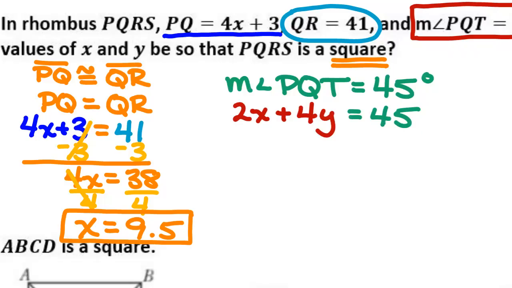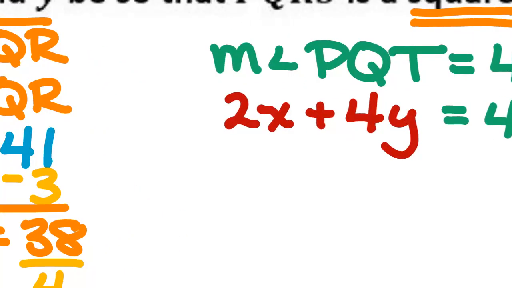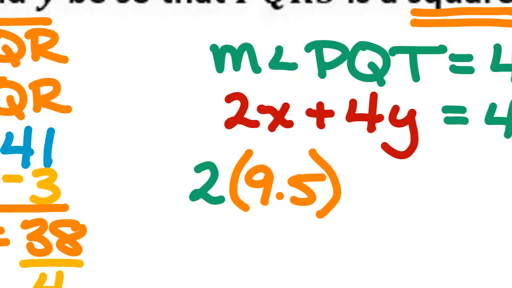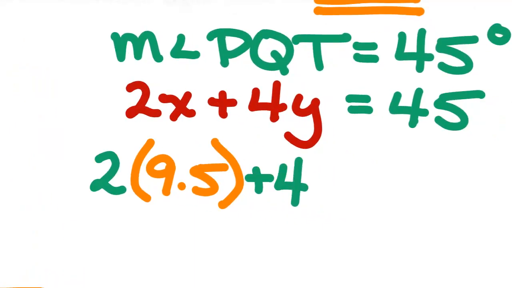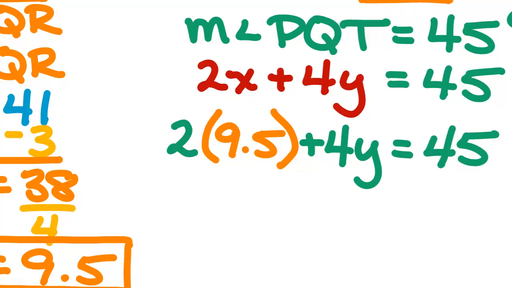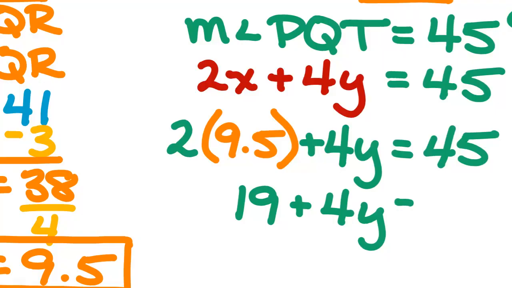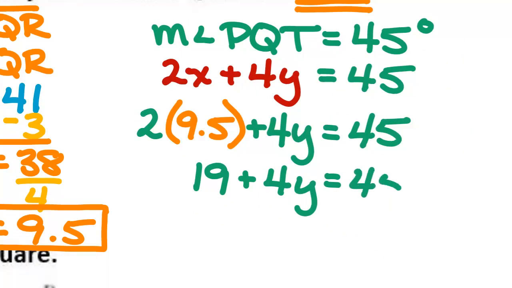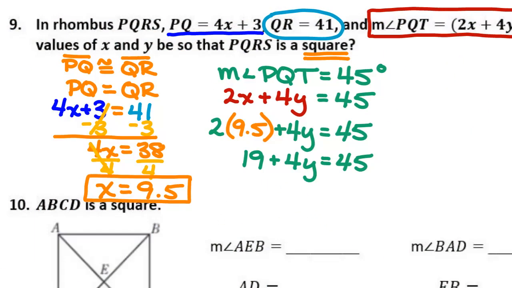What can I do here? You already know x. Yes, we already know x. So what do we put in for x? So 2 times 9.5 plus 4y equals 45. What is 2 times 9.5? So 19 plus 4y equals 45. What do I do now?